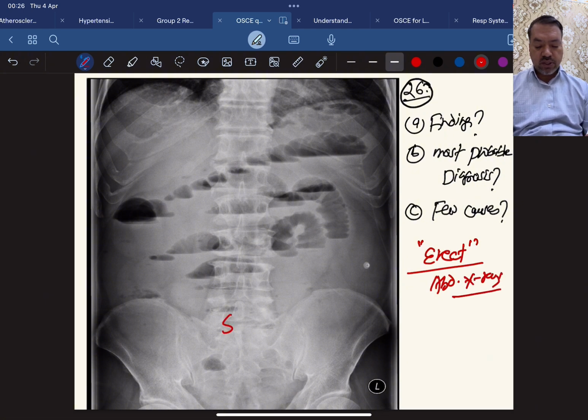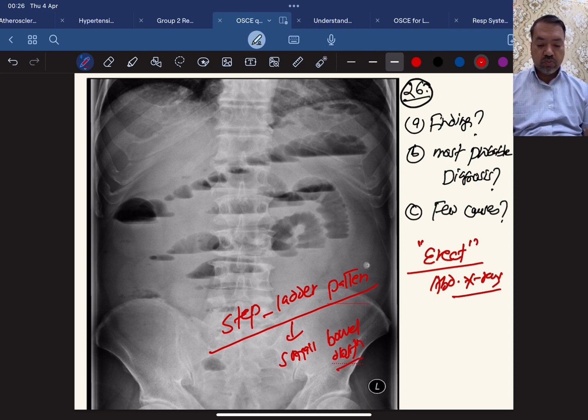This is called step ladder pattern. This step ladder pattern is also a very typical feature of small bowel obstruction. Why is it small bowel obstruction? Look at these loops. They are present towards the center of the abdomen, and there are many air fluid levels.